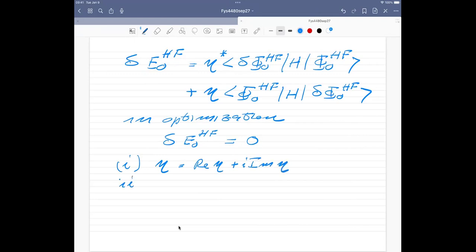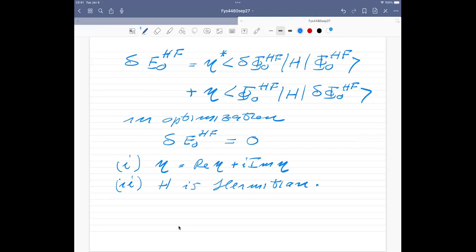And then H is also assumed to be Hermitian. And I leave that as a small exercise to show that you can actually solve two equations separately. They lead to the same type of results. So you can either take the derivative with respect to eta complex conjugate or just with eta.